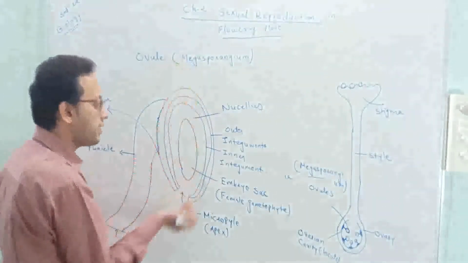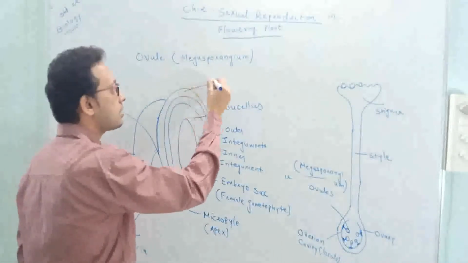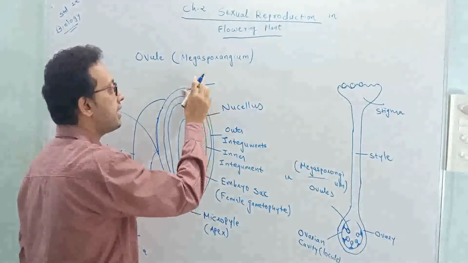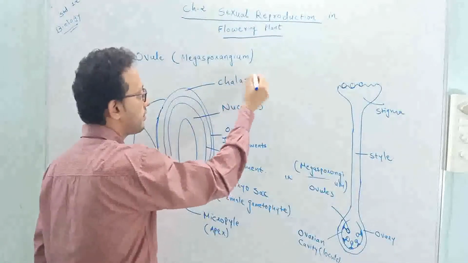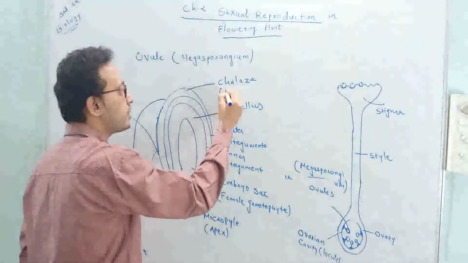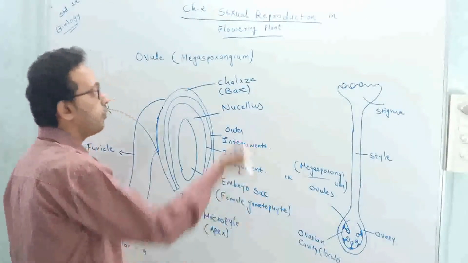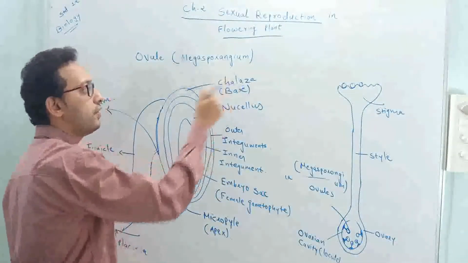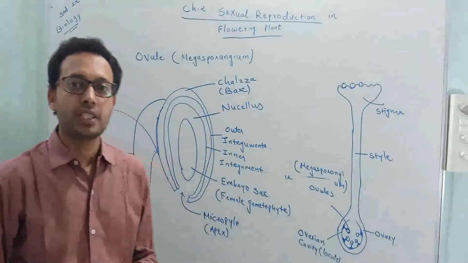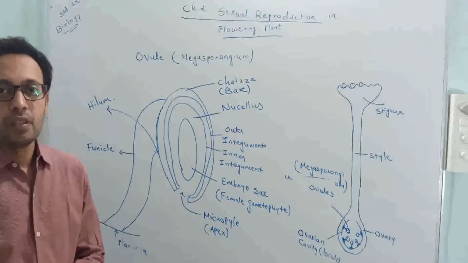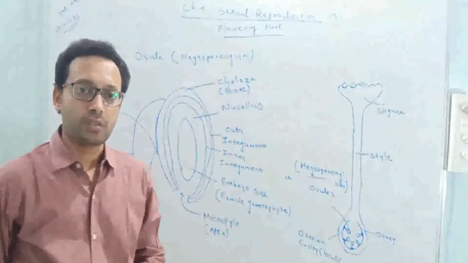Its opposite end is called the chalaza end, which forms the base of the ovule. Micropyle forms the apex, its opposite is the chalaza, and chalaza forms the base. The micropyle and the chalaza are present in opposite directions.